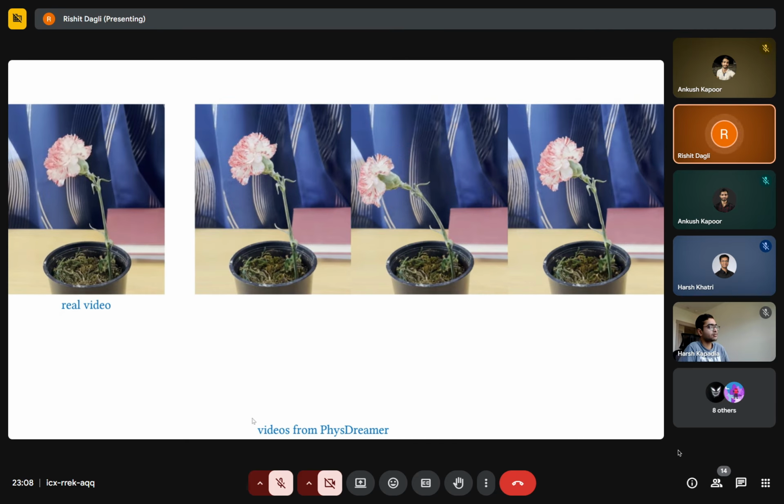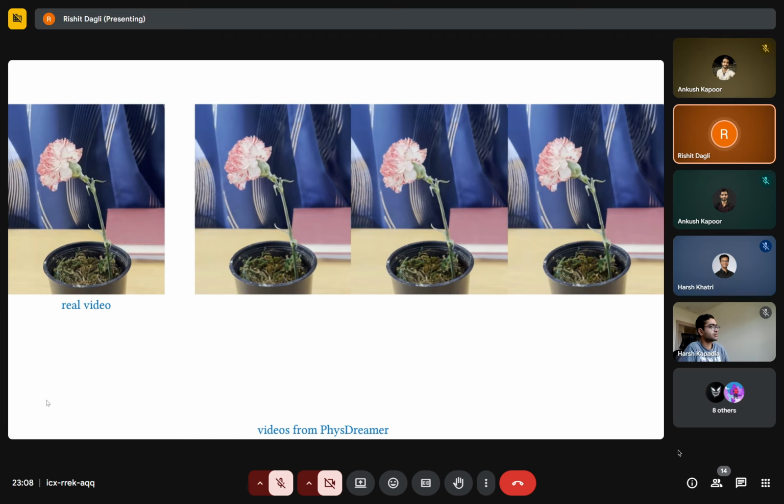One easy way is, okay, capture a real video and see what's happening. Maybe that works in some cases, but there's a bunch of caveats with it. For many things you cannot capture real videos.